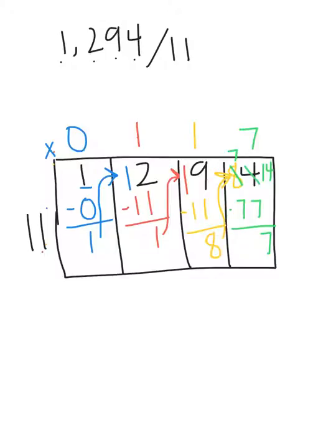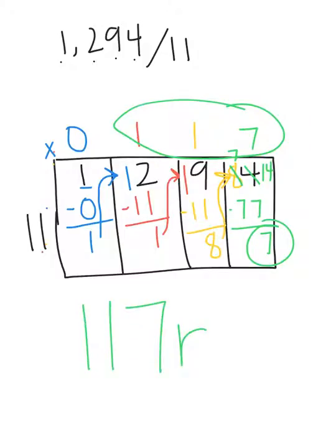So here's your quotient now. Your quotient's at the top, and then your remainder's what's left over. So we still have 117, remainder 7. Pretty cool, huh? I learned this strategy this summer, and I was so excited. All right, so that's our second strategy, the box strategy.